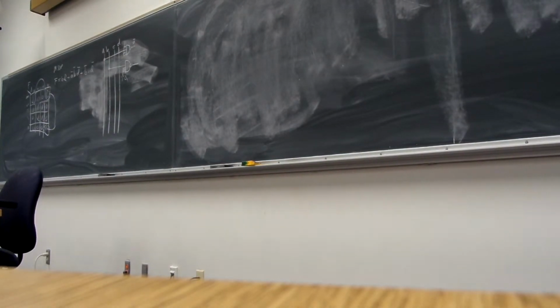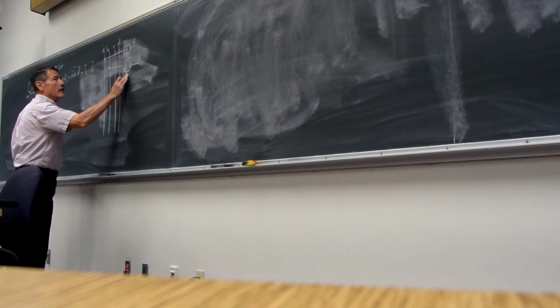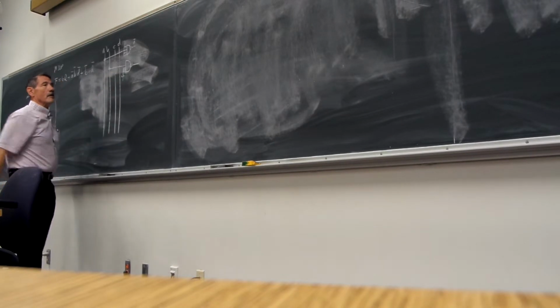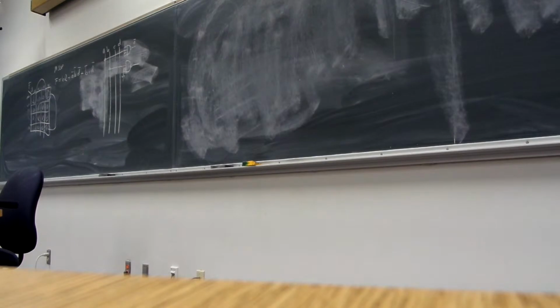No. So what do I want to tie them to? I can tie them to a logic level high, and now that gate will function as an inverter. If A is a 0, a 1 comes out. If A is a 1, a 0 comes out.